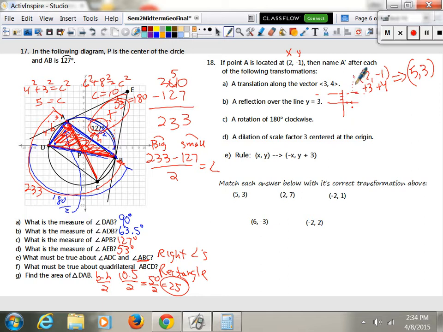So you're going to keep your x the same, and you're going to add 4 to your y value. So you're going to get 2, still a 2, and it's going to be up. It was -1. Now it's going to be up 4 more. It's going to be 5.